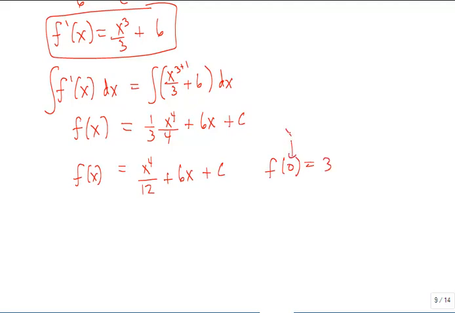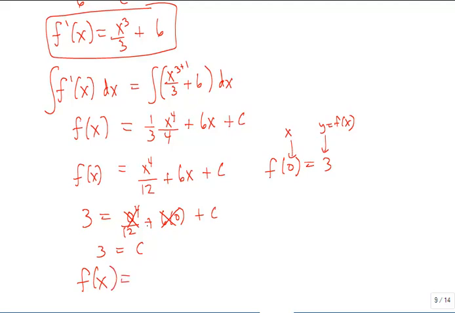So I'm going to use 0 for x and 3 for y, or f of x. So the 3 goes on the left side and 0 goes in for x. So all of these go to 0, so c is just 3, which means my function f will be x to the 4th over 12 plus 6x plus 3.